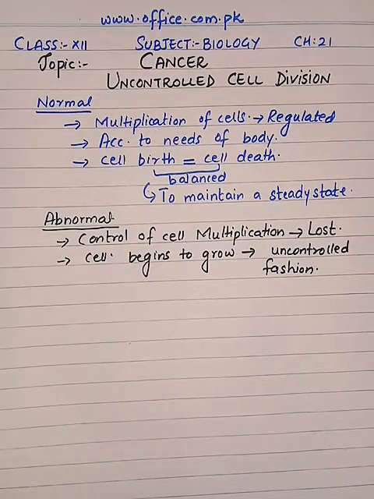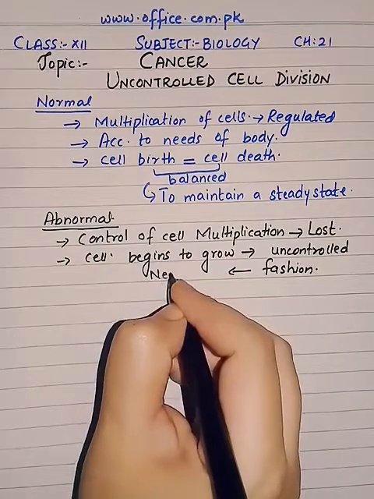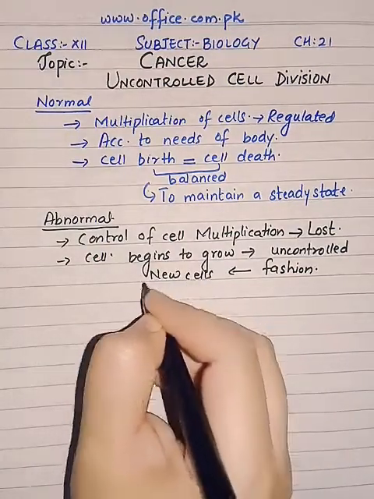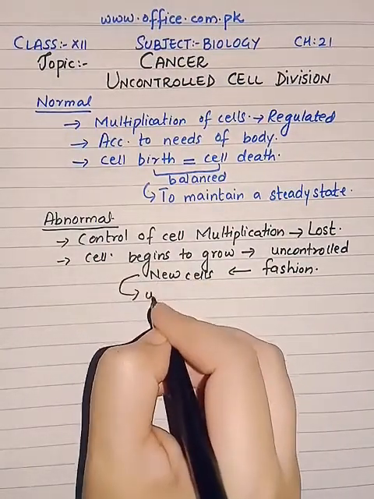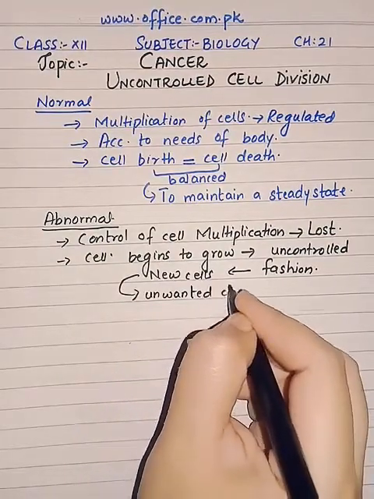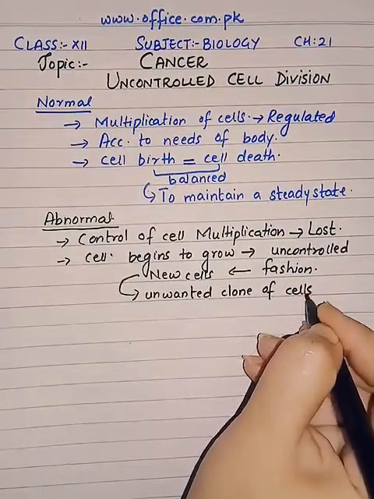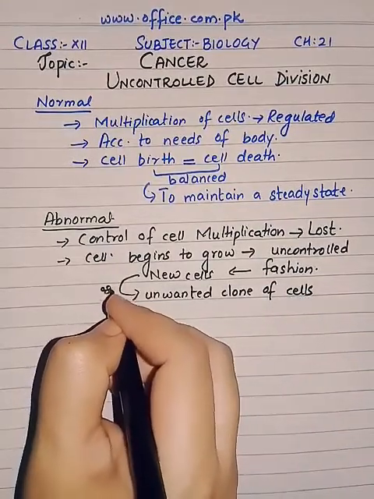Ultimately the cell will not consider that the body does not need any further cells of its type. So when these cells produce new cells, ultimately an unwanted clone of cells is formed.